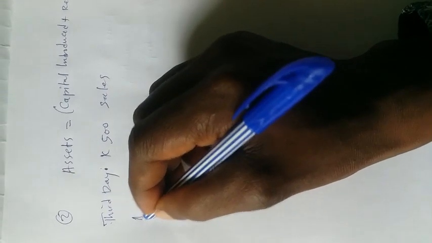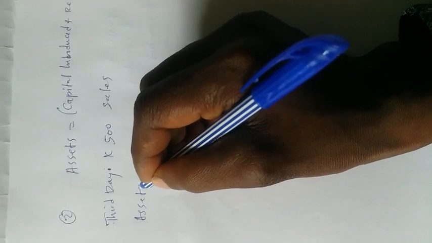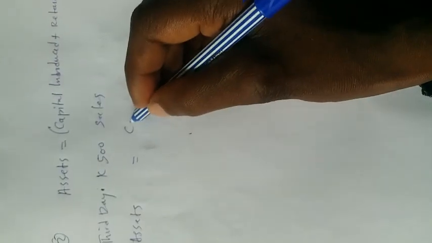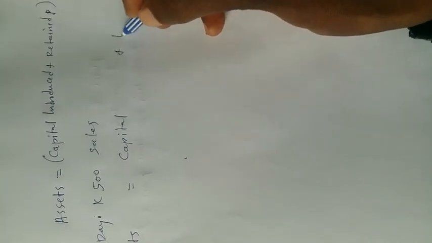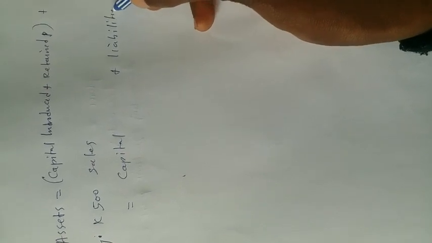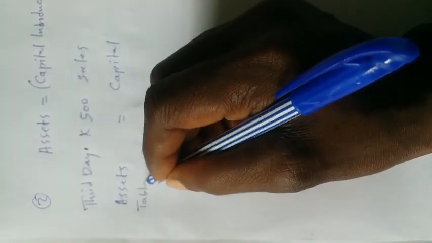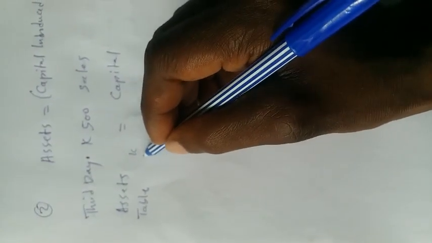On our assets, we still have a table that we are still using in business. We haven't sold it, and its cost is 600 kwacha.